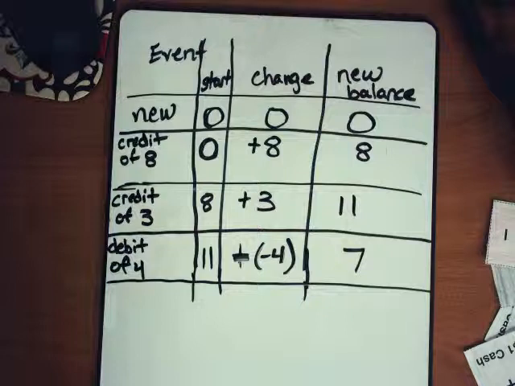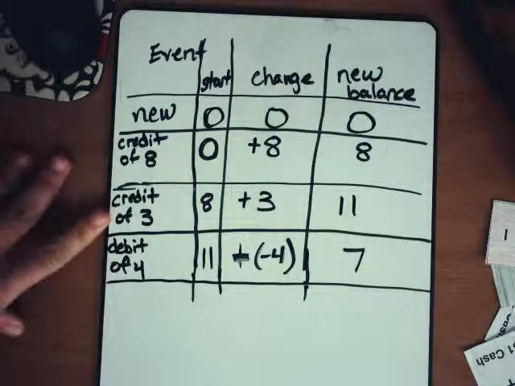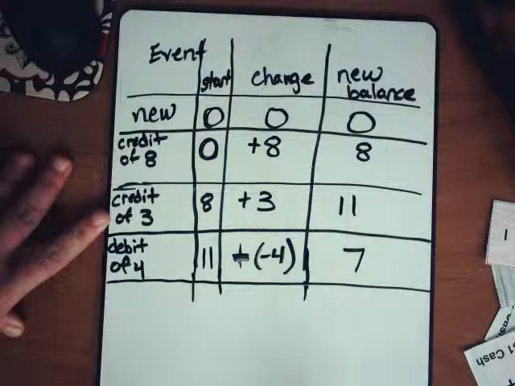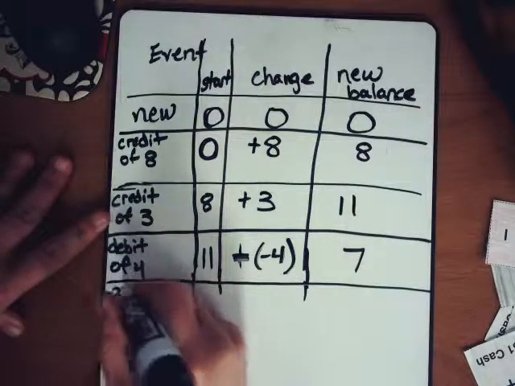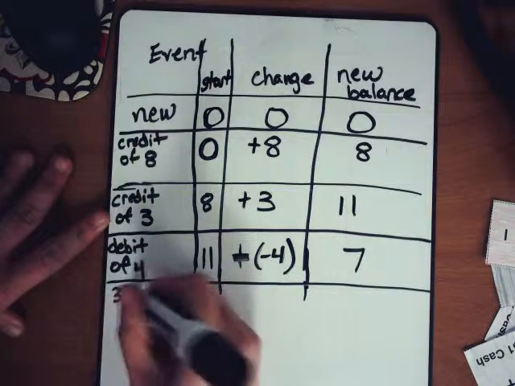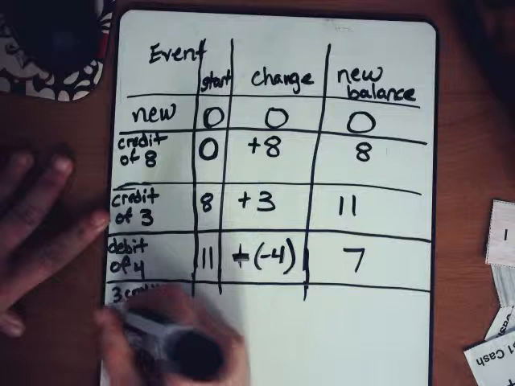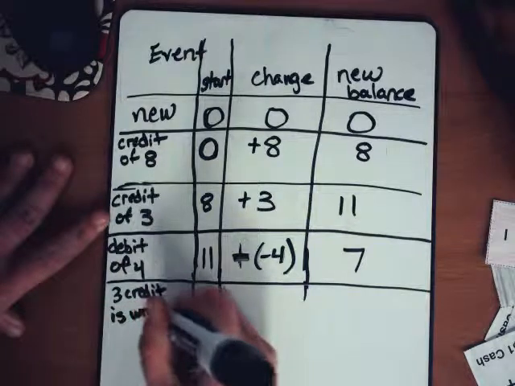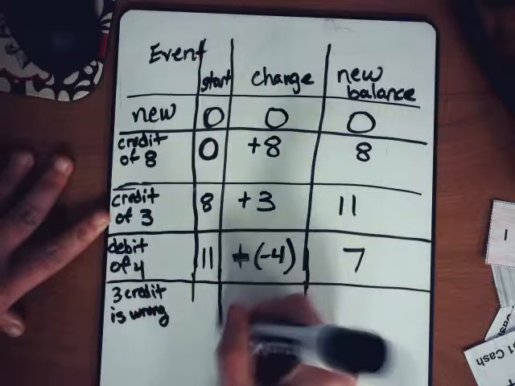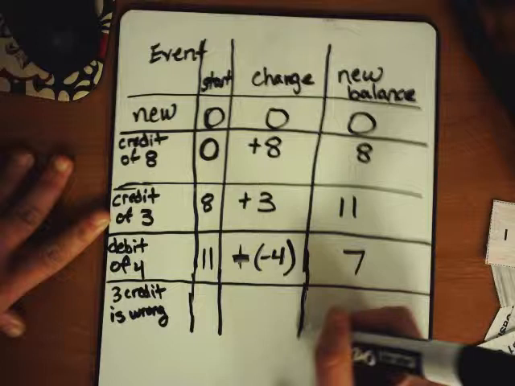Okay? But then we found out that 3 of those dollars, when we got that credit of 3 up here, that was a mistake. Okay? So we're going to have to subtract. So the $3 credit is wrong. So we're going to end up having to take that back. Okay?